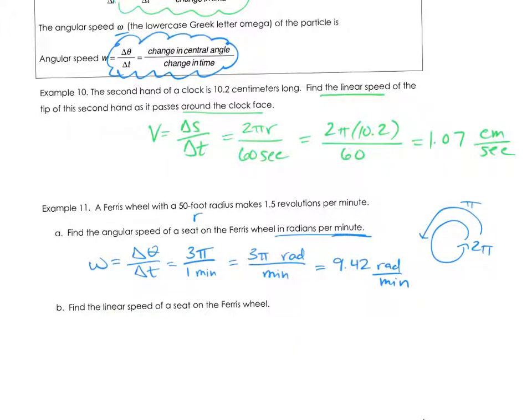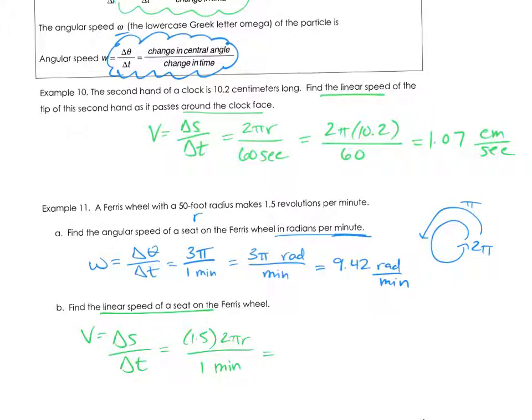Now, if I want to know how fast someone's going sitting on a seat of the Ferris wheel, we're going to look at the linear speed. So now we're going to use our linear speed equation, so delta S over delta T. And in this case, it is 1.5 times around the circumference, which is 2 pi r, over our change in time, which is 1 minute.